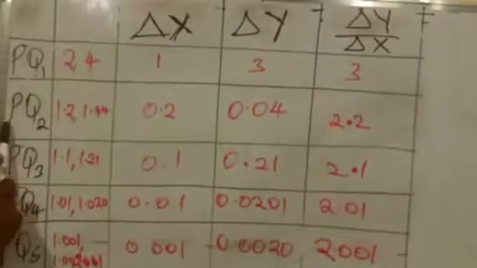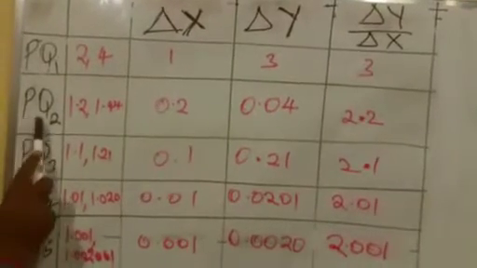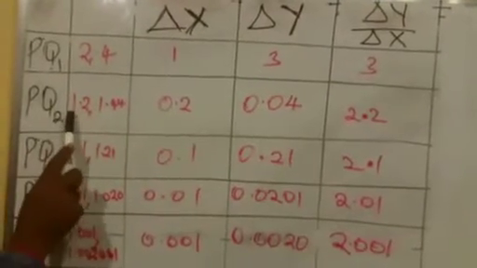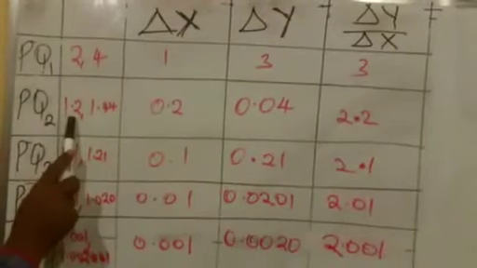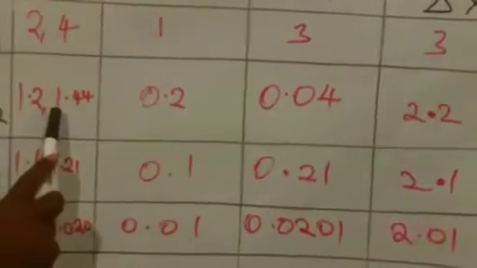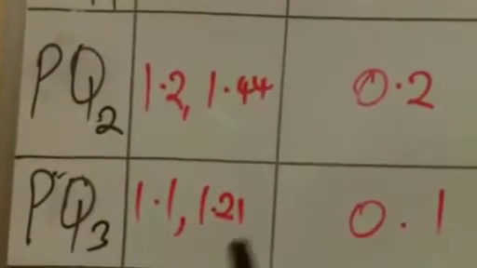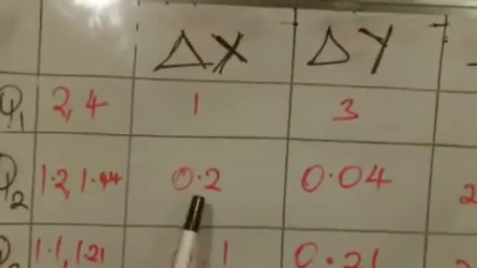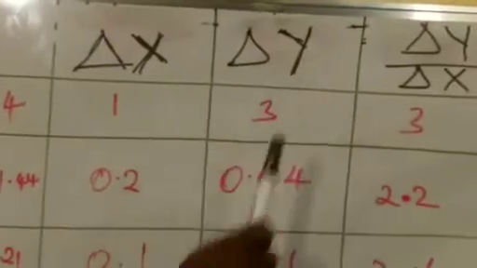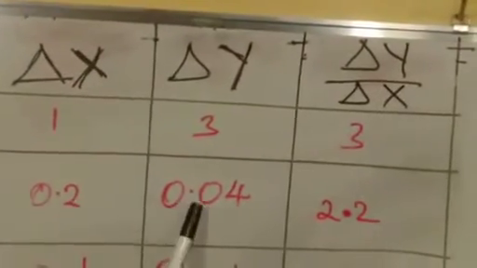Also, we have another point, P, Q2. That point will be 1.2, and the Q point will be 1.44. The change in x will be 0.2, and the change in y will be 0.44.